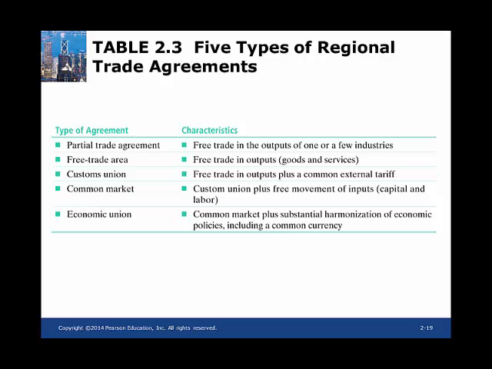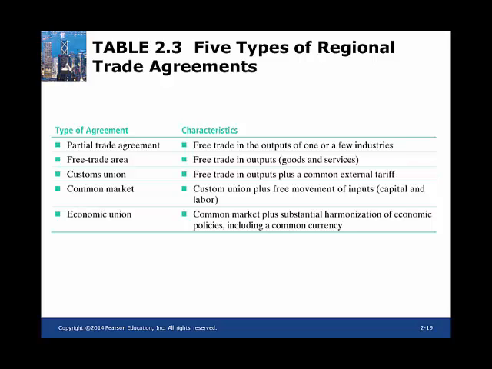Partial trade agreement is free trade in the outputs of one or a few industries. Free trade area is free trade in outputs of goods and services. Customs union is free trade in outputs of goods and services plus a common external tariff.